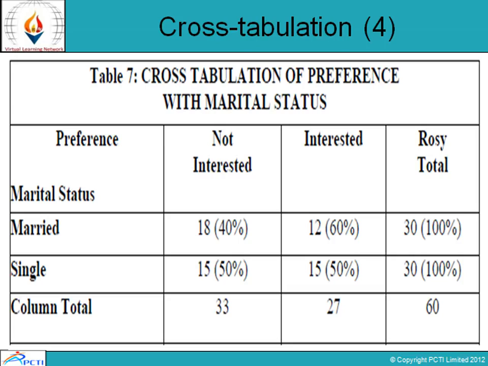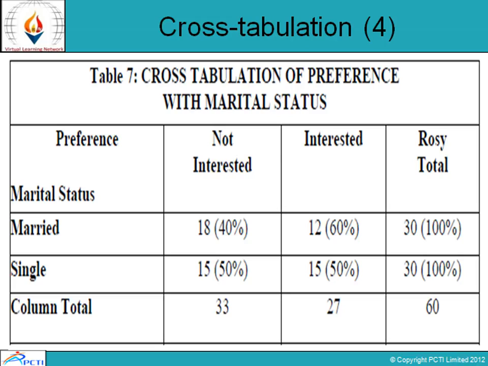Now this variable, when cross tabulated against the preference variable, shows the following result. Among married, those who are not interested accounted for 18, which is 40%, and married people who are interested accounted for 12, that is 60%. So the total came out to be 30 for the entire 100%.